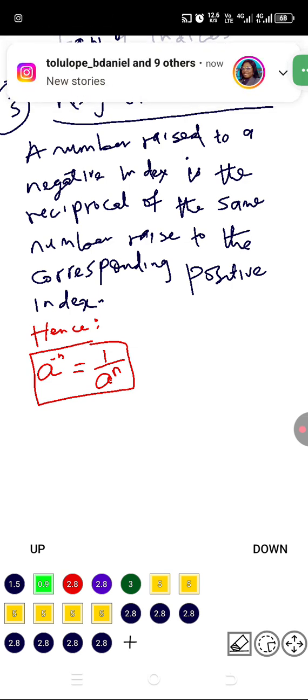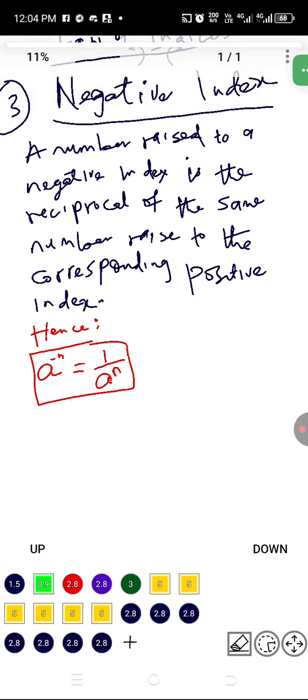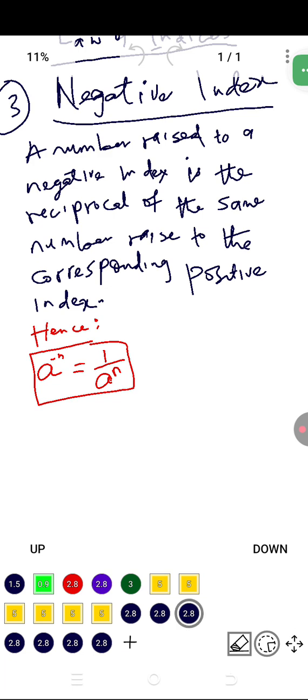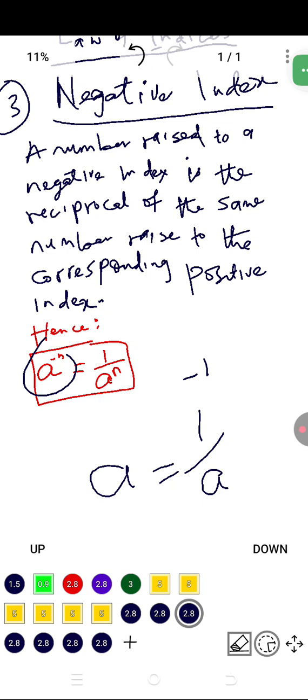So meaning that when you have a raised to power minus n, it will give you 1 over a raised to power n. So you see that the n here was a negative index, but at this point the n has turned positive because we have taken the reciprocal of a. The reciprocal of a is 1 over a. So once we take the reciprocal, the minus n we have there becomes a positive n.